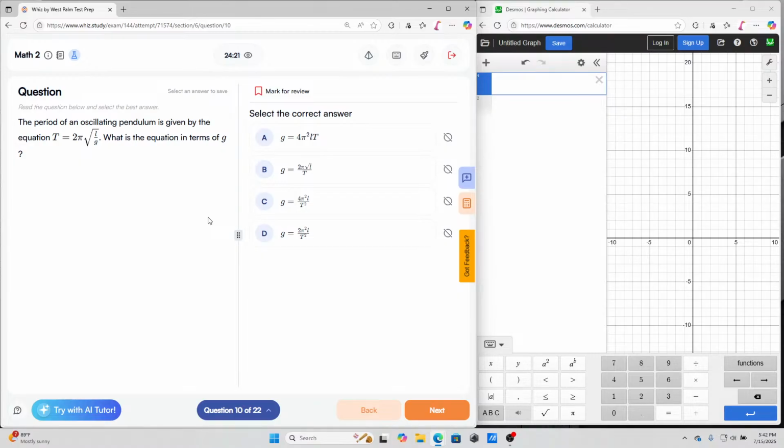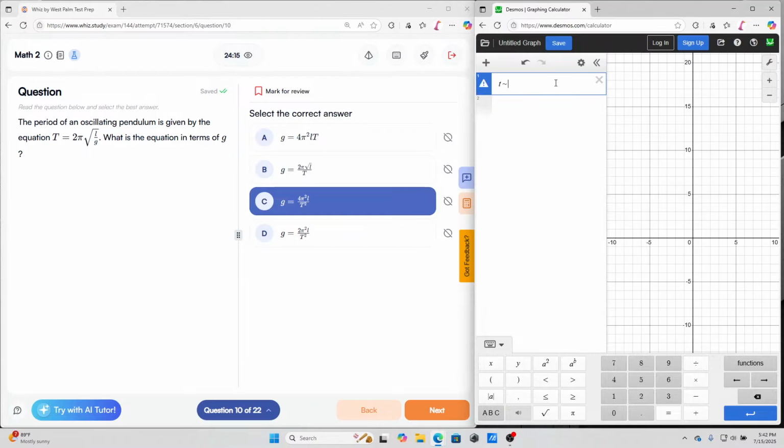So it's like algebra. Guys, I don't see how I could use regression for this one.